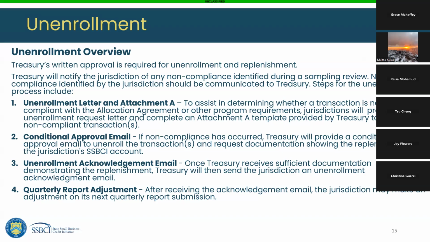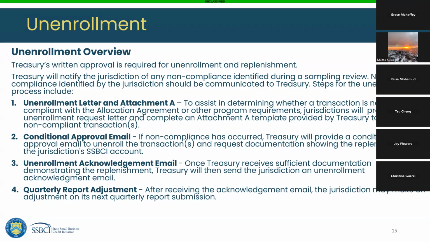The final step, after you receive the acknowledgement email, is to make the adjustment on the next quarterly reporting submission. I just want to point out that Treasury's approval of any unenrollment and replenishment does not preclude the OIG from conducting its own review.